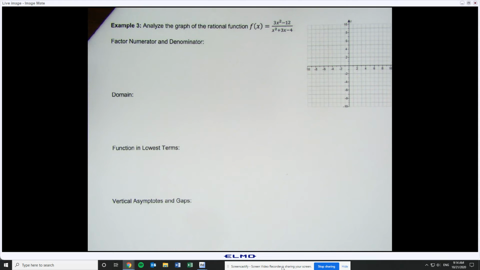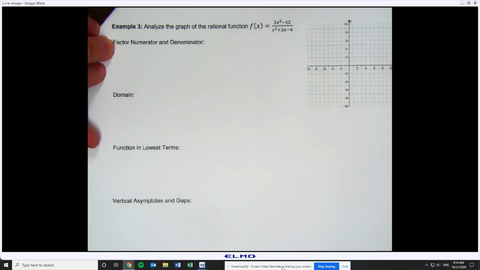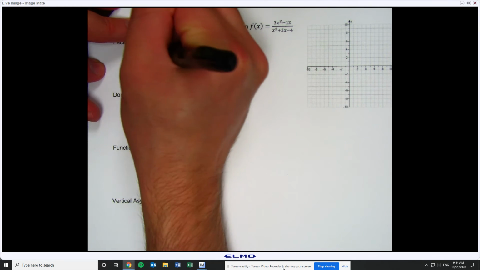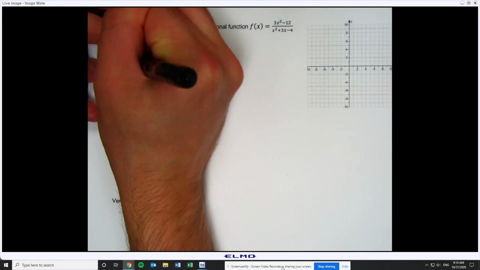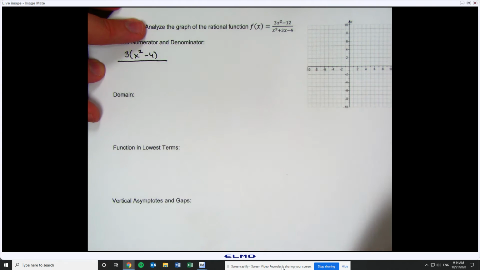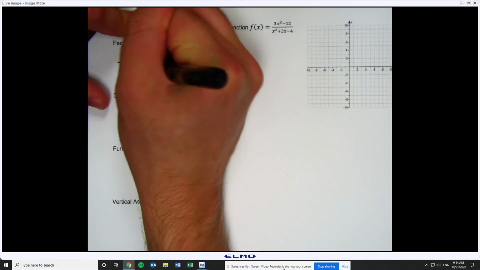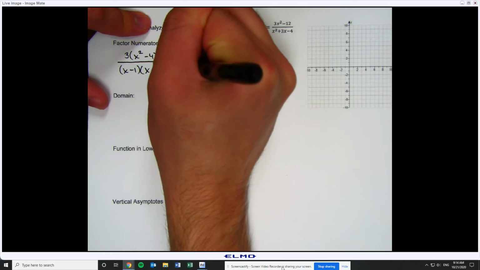Factor the numerator and denominator. Looking at this one, I see I can take a 3 out. So taking a 3 out, I now have 3, and then x squared minus 4, divided by, now this I can factor using the ABC method. Using the ABC method on that, I need to use positive 4 and negative 1, so x minus 1 and x plus 4.